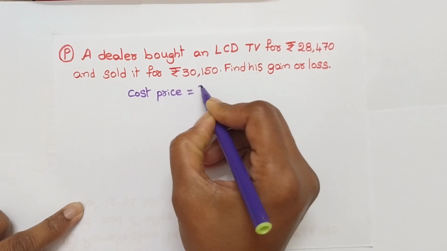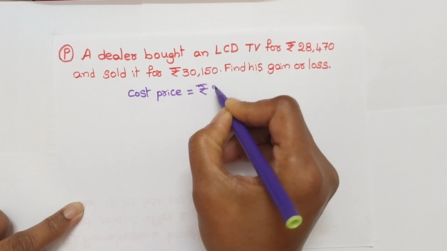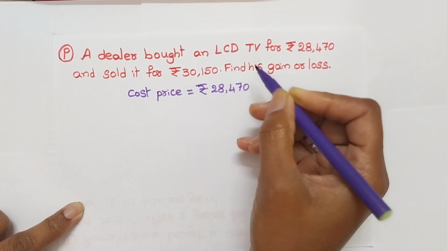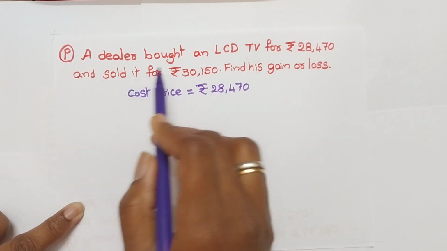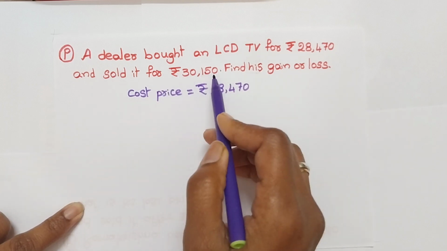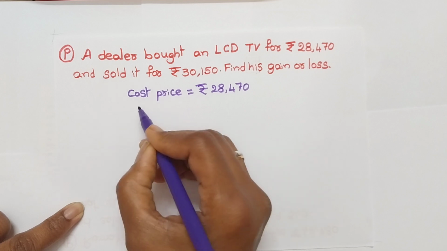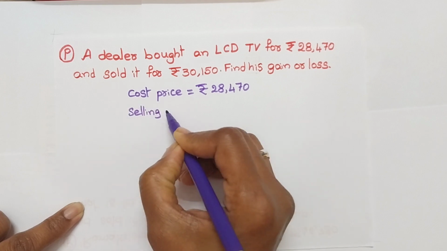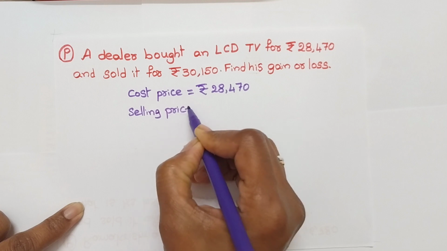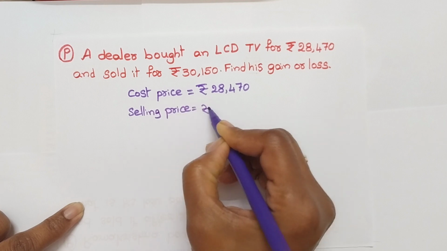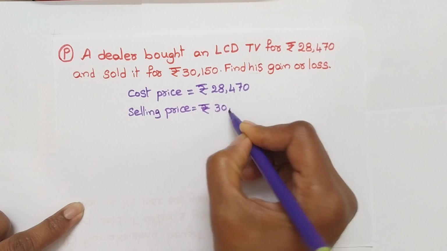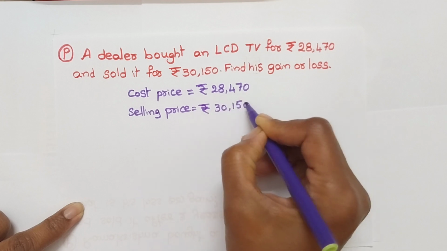Cost price equals rupees 28,470, and sold it for 30,150 rupees. Sold means selling price. Selling price equals rupees 30,150.